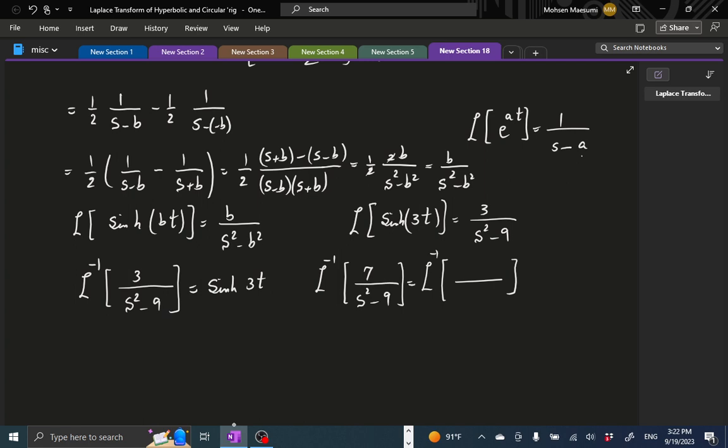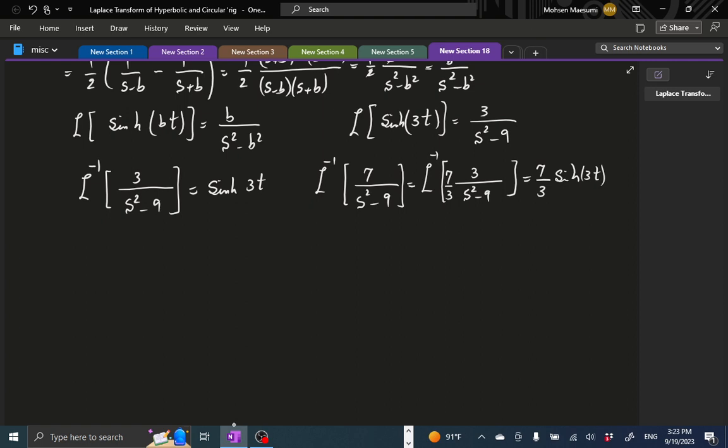I put a 7 outside, multiply by 3 and then divide by 3, so when the 3's cancel, I still have my 7 over s squared minus 9. Now we use the linearity of the Laplace transform. A factor of the Laplace transform transfers to a factor of the original function, so 7/3 of sine hyperbolic of 3t.